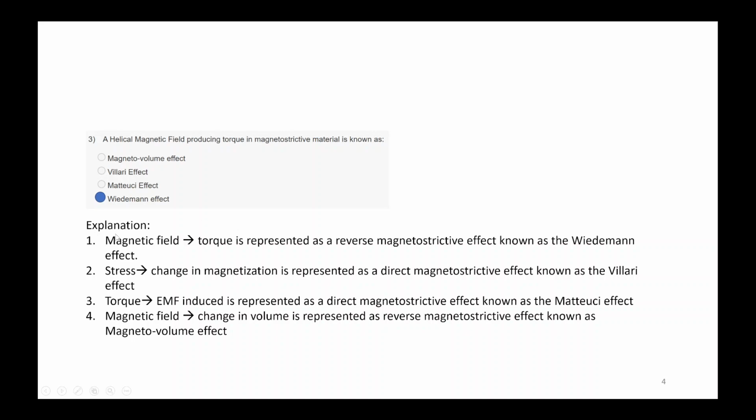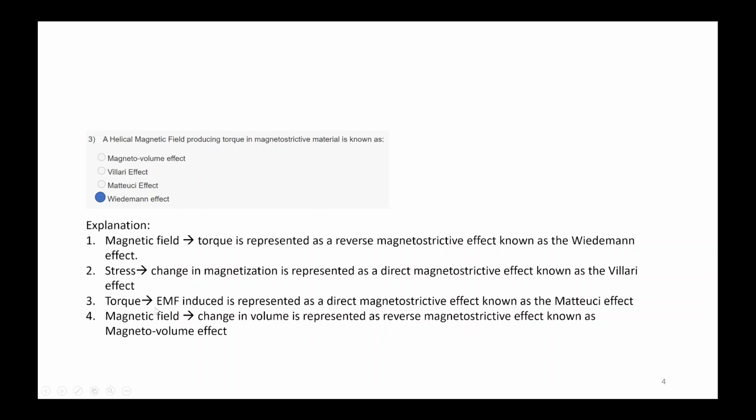Now it can be explained by saying that when magnetic field is converted into torque, it is represented as a reverse magnetostrictive effect known as Wiedemann effect. When stress is converted into change in magnetization, it is represented as direct magnetostrictive effect known as Villari effect.